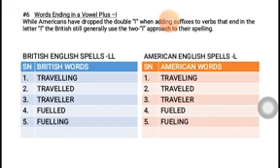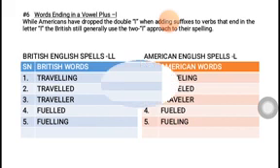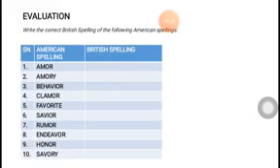Take some time to look at the spelling differences again and capture them properly, view them correctly, accurately. Okay, now let's quickly take some exercise before we call it quits today.